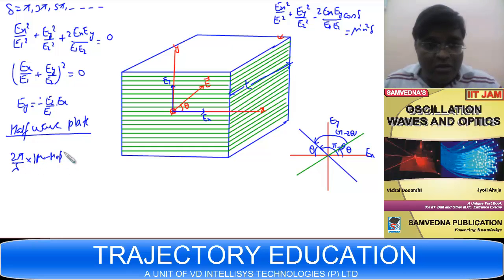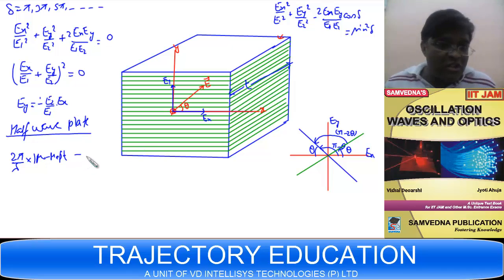2 pi by lambda mod of mu naught minus mu e times t. Why I have taken mod is because we don't know whether the crystal is negative or positive. It can be a positive crystal also. Here I have taken calcite, so it is a negative crystal, but it can be a positive crystal as well.